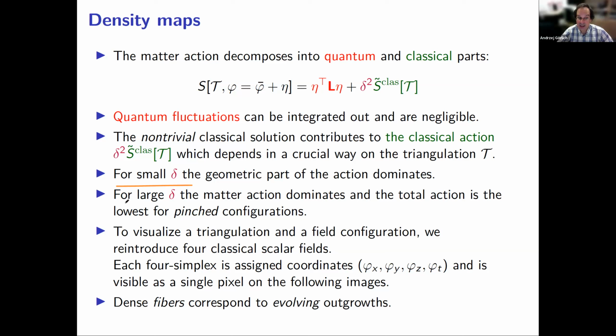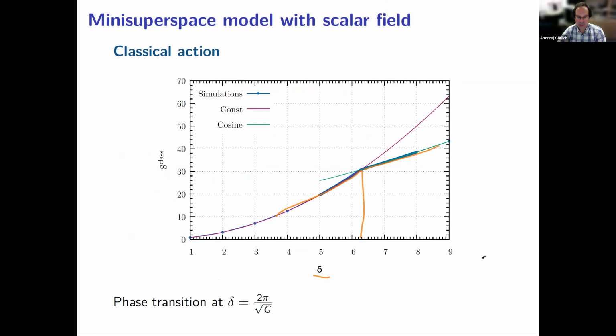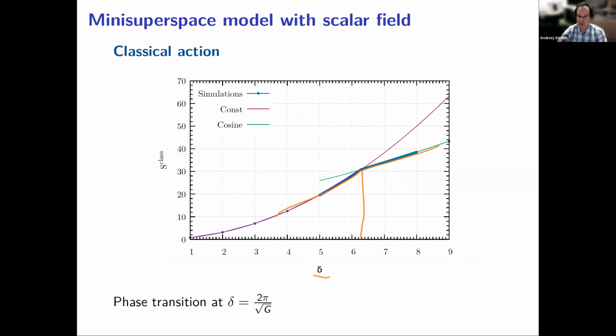But for large delta, the matter part of the action dominates, and triangulations which minimize the classical action for the scalar fields will appear more often, and those triangulations are the ones that are pinched. By pinched, I mean that they go to almost 0 here, in this cosine solution, because in this region the field can change rapidly, with a small impact because the volume is small.